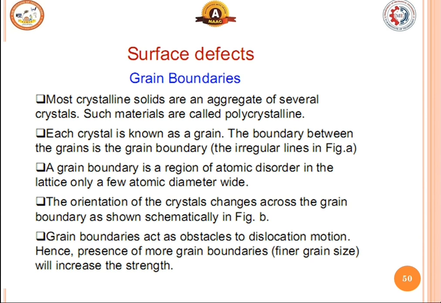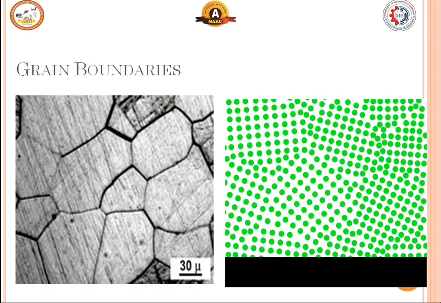So what are the surface defects? Under surface defects, you can see there will be grain boundary. Here you can see in the diagram, with respect to the arrangement of atoms, there will be a boundary of certain lines.